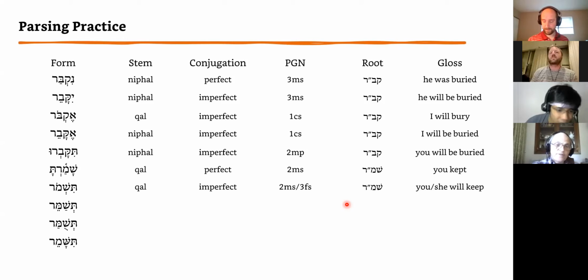Teshamer. See if I pronounce it first. Teshamer. If we assume the meaning preserve, which is the modern Hebrew meaning, Piel. What indicates that it's Piel?